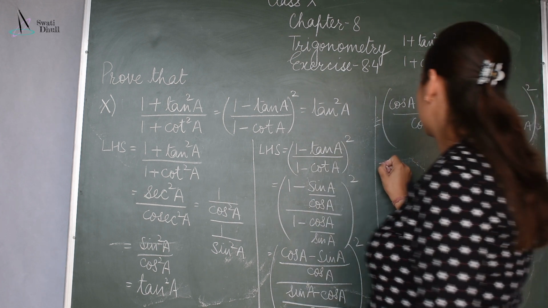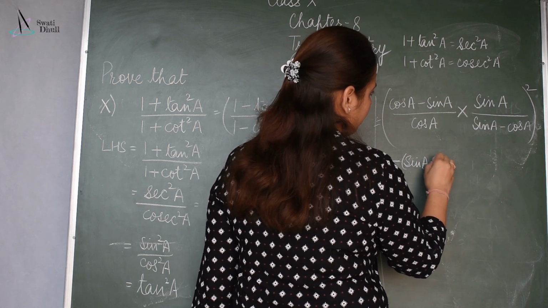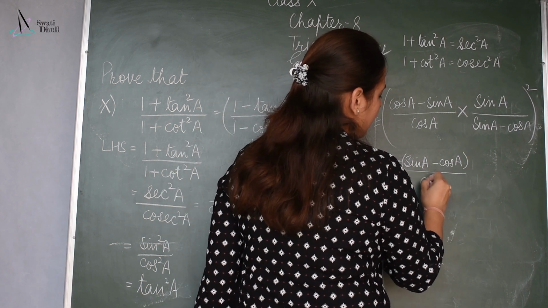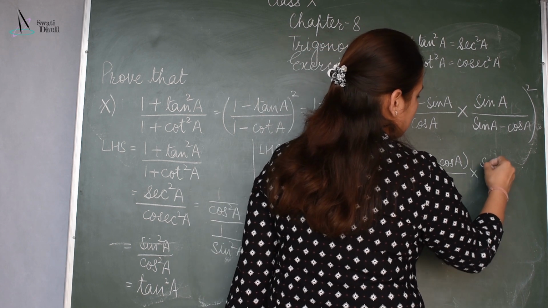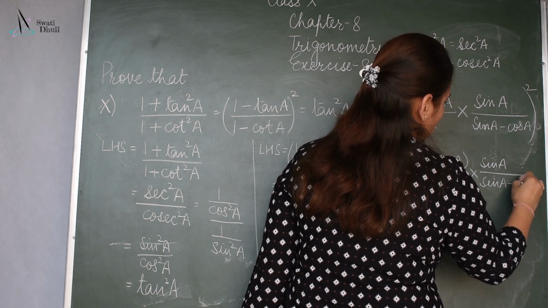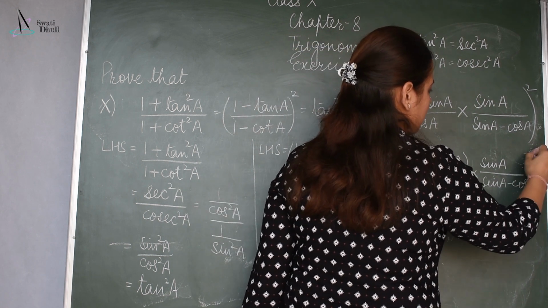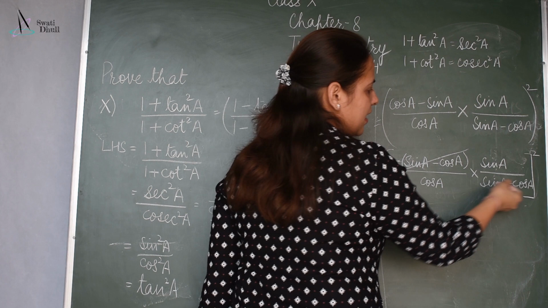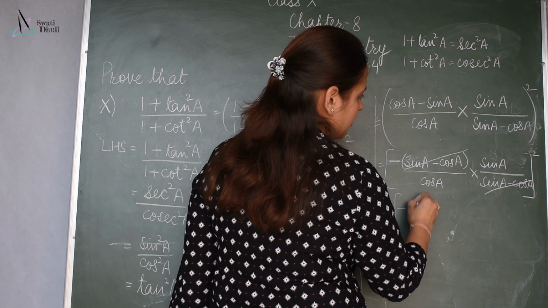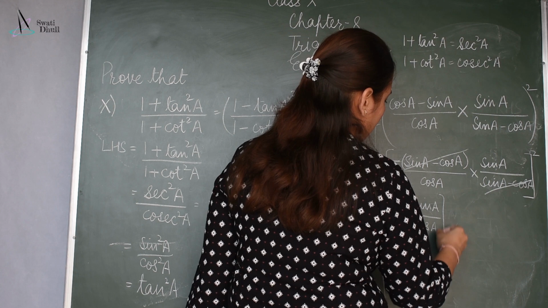So this will become minus of sine A minus cos A, divided by cos A into sine A divided by sine A minus cos A, whole square. Now sine A minus cos A and sine A minus cos A will be cancelled out. So what will I get here? Minus sine A divided by cos A, whole square.